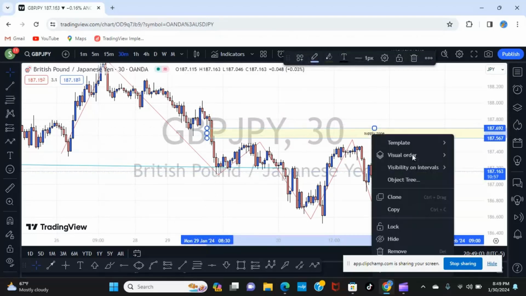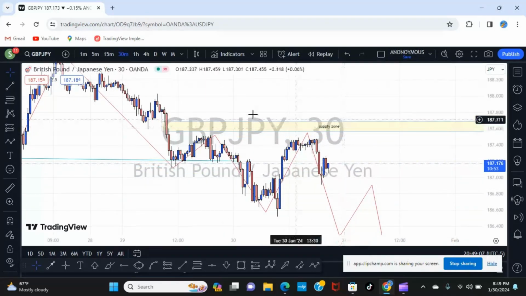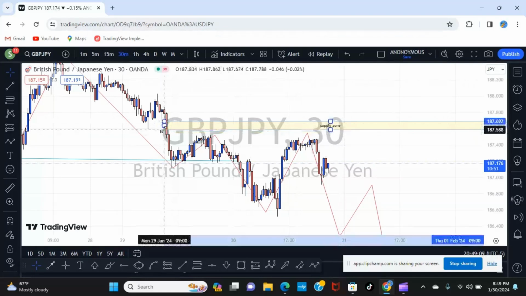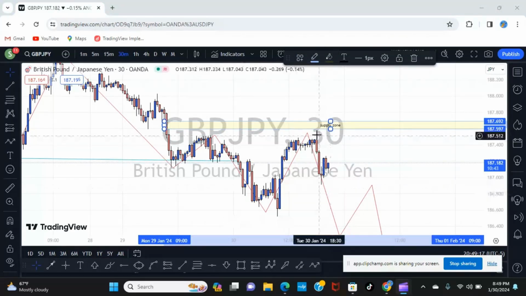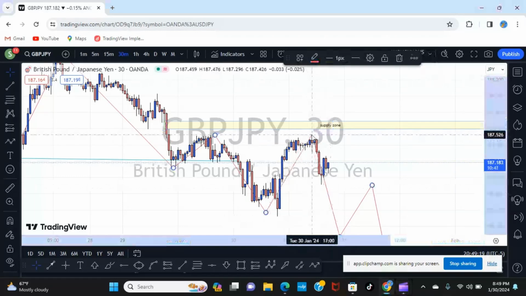You can also call this, we notice that here we have an imbalance, a fair value gap in this zone right here. So we're gonna wait for a confirmation. We wait until the market closes below this level.